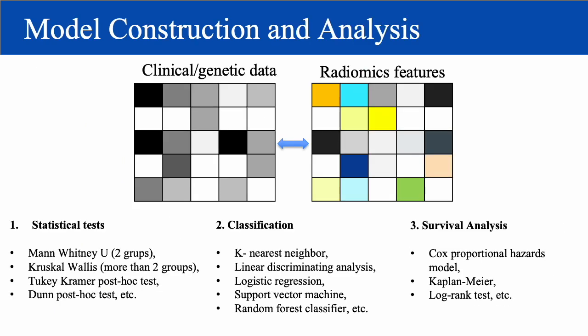After selecting the most powerful features, we can integrate the features with clinical or genetic data, or we can predict them. Depending on our vision, statistical tests, classification algorithms, or survival analysis techniques could be applied to the radiomics.